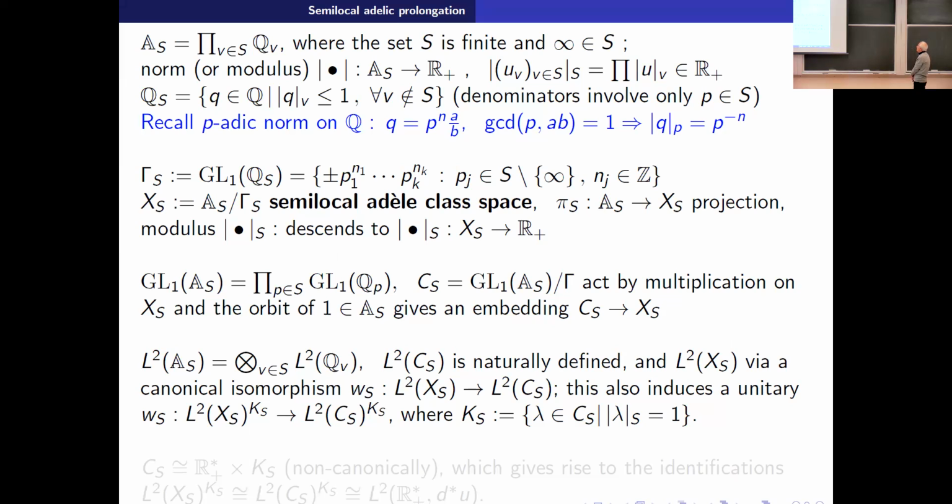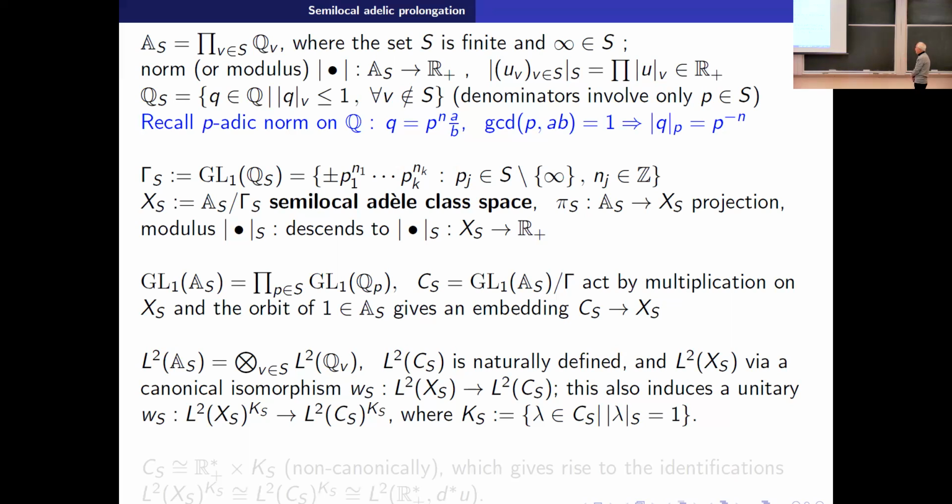And for L2 of the adelic class space, it's a little bit like Alain mentioned. You have to be careful because you have some zeros, but measure theoretically, they can be identified. But in fact, there is a canonical isomorphism, I call it W_S, from this space to L2 of the ideal class space.